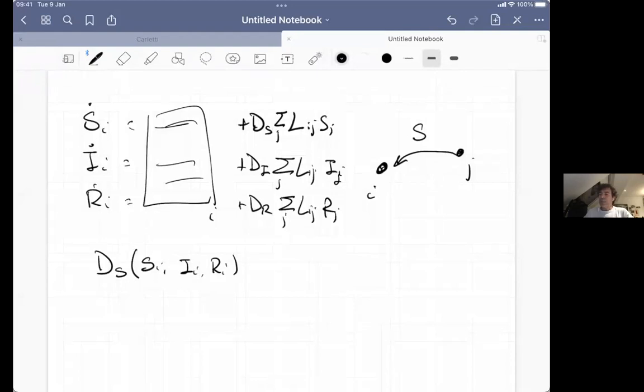It means that susceptible persons in node j will not go to node i if there are too many infected there, because they would get infected. So you have to put what I call the diffusion coefficient inside the diffusion part and have something dependent on the state of the system.